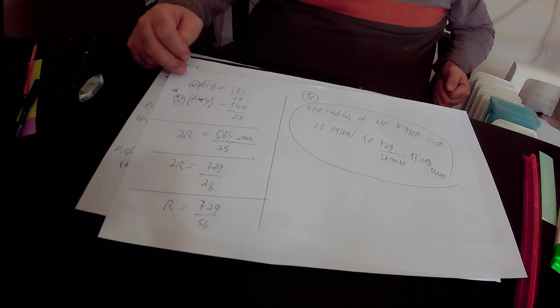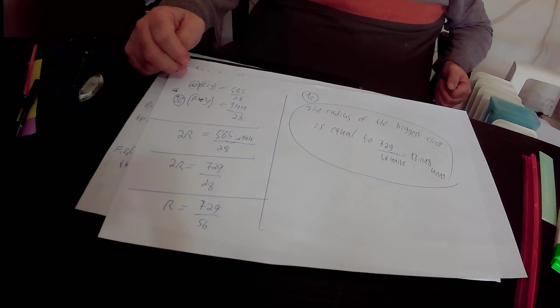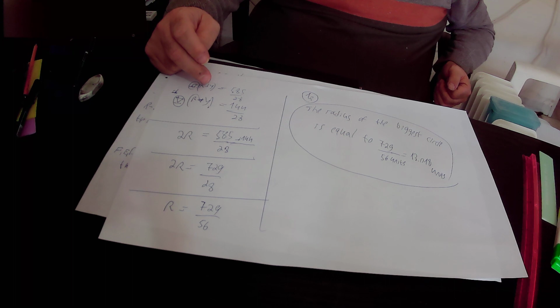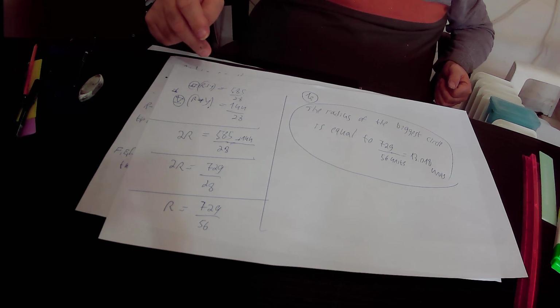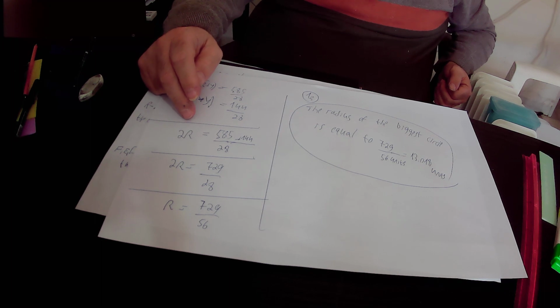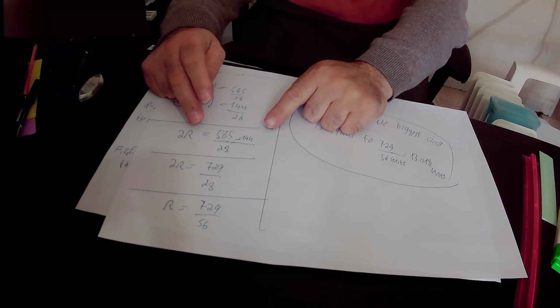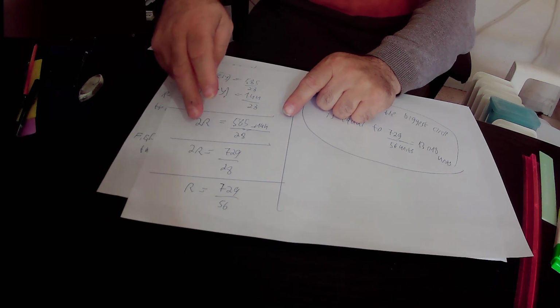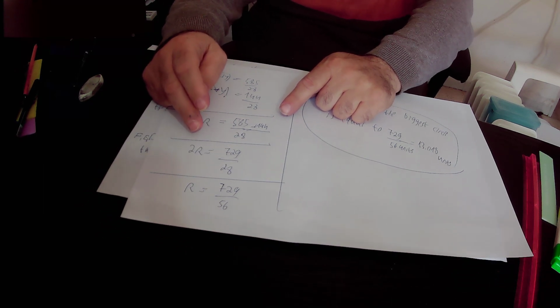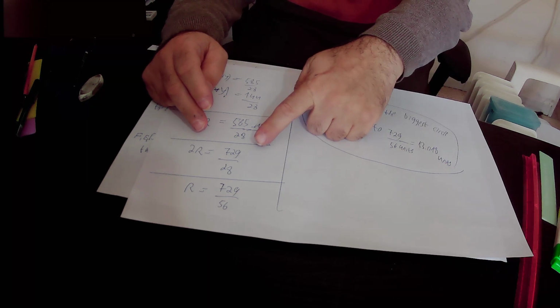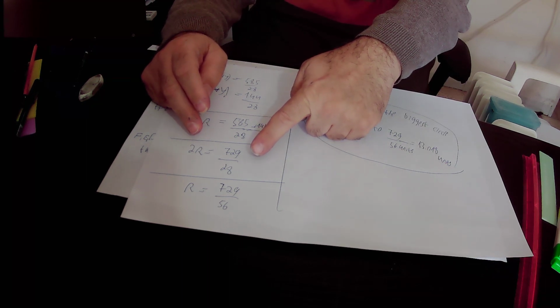We added equation number 2 to equation number 5, and we got that r plus r is 2r, and y plus minus y is y minus y, that is actually equal to 0. So in conclusion, we got that 2r equals 585 plus 144 over 28. So 2r equals 729, all divided by 28.